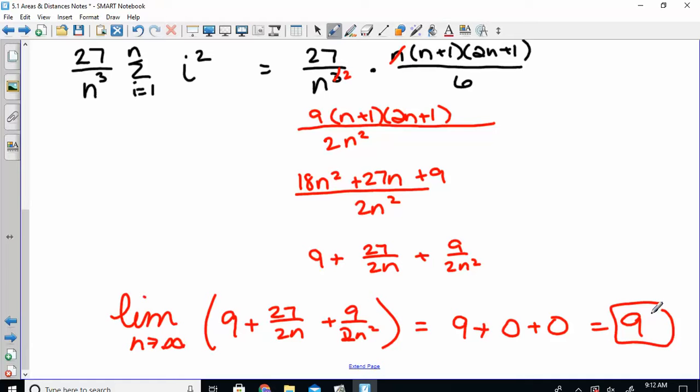We did our over and under estimates. The best we got was somewhere between 7 and 10. So 9 certainly fits in that window.